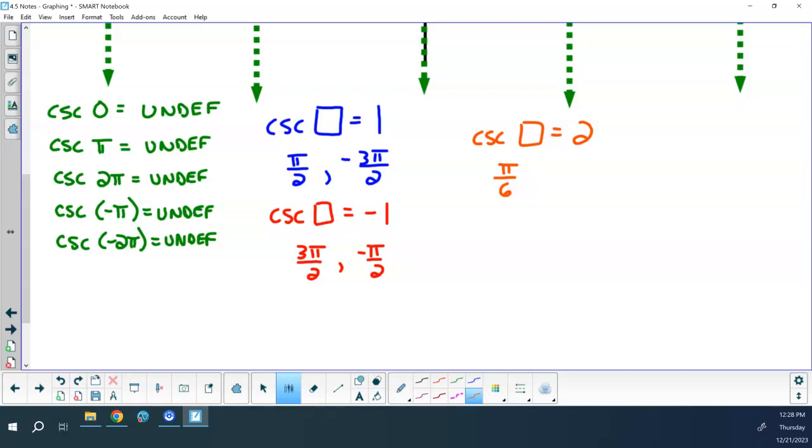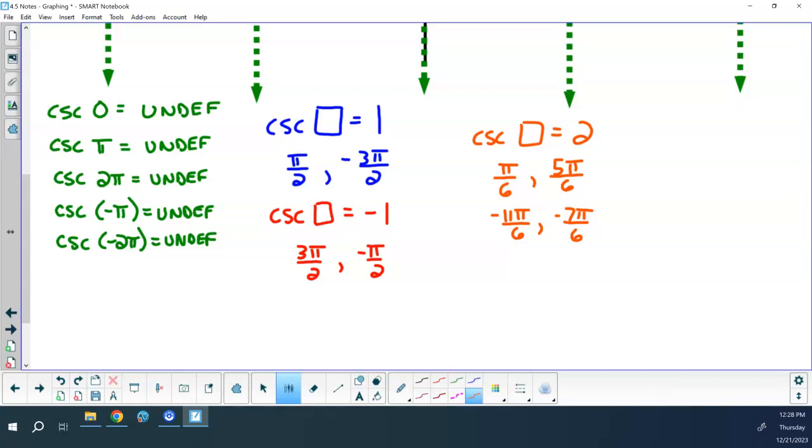There's 3 more spots that give me a cosecant value of 2. 5 pi over 6 is one of them. Negative 11 pi over 6 is one of them. And negative 7 pi over 6 is the other.